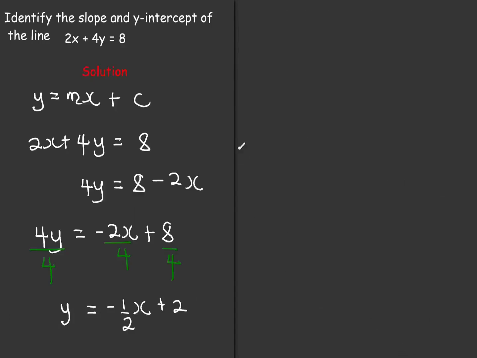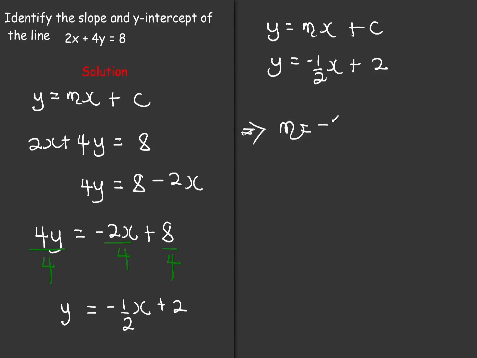So comparing y equals negative 1 over 2x plus 2 with y equals mx plus c, you can observe what your m is. Our m is negative 1 over 2, which is the slope, and the y-intercept c is equal to 2.